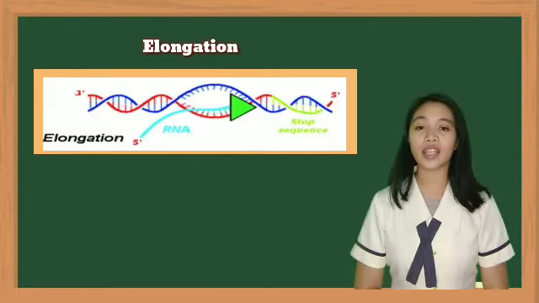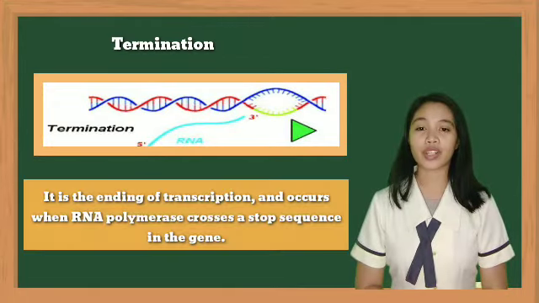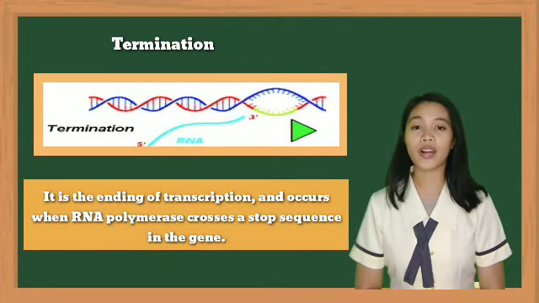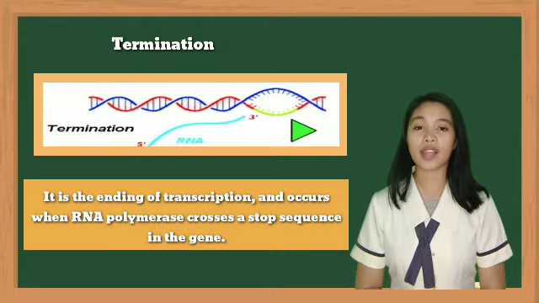During the elongation, the ribosome continues to translate each codon in turn. The next one is the termination. It is the ending of the transcription and occurs when RNA polymerase crosses a stop sequence in the gene.